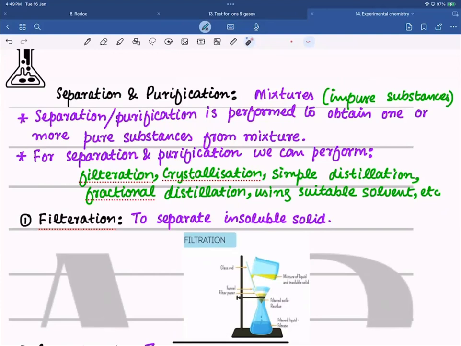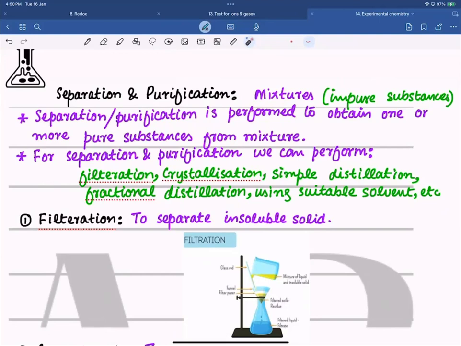Because when we evaporate the whole solvent, what is left behind is the solid. We perform crystallization because we want clear crystals of that solid.